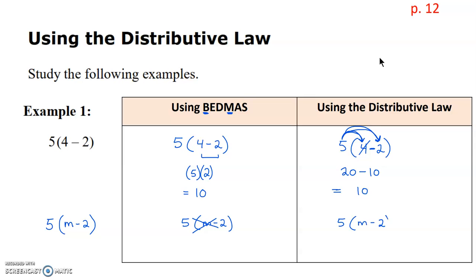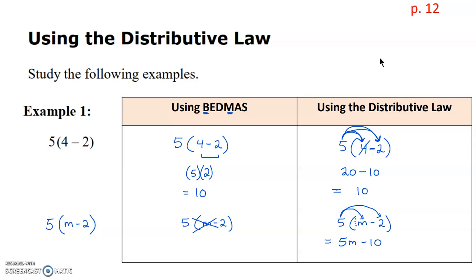We can multiply the 5 to the first term, which is m, and then multiply the 5 to the second term, which is negative 2. So this results in 5 times m. Remember, that's like a 1m, so it's like 5 times 1 is 5m. And then 5 times negative 2 is negative 10.